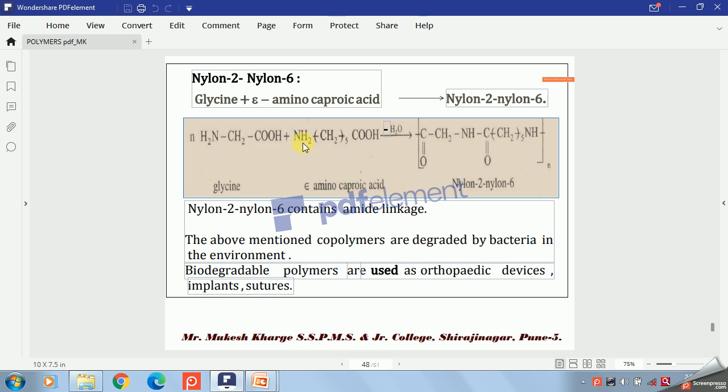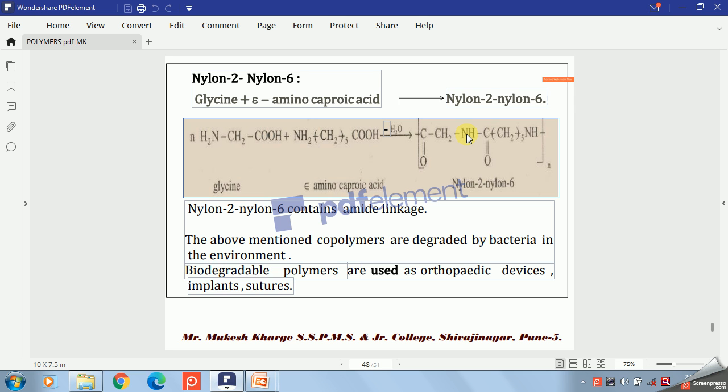So here the NH2 group of this epsilon amino caproic acid will attack the carbonyl carbon of the COOH group of glycine, and there is a removal of H from NH2 and OH from this COOH group. It is removed as water, and there is a formation of dash CONH linkage, that is called amide linkage.